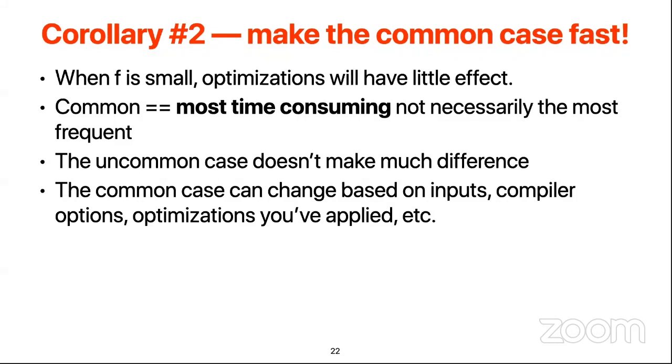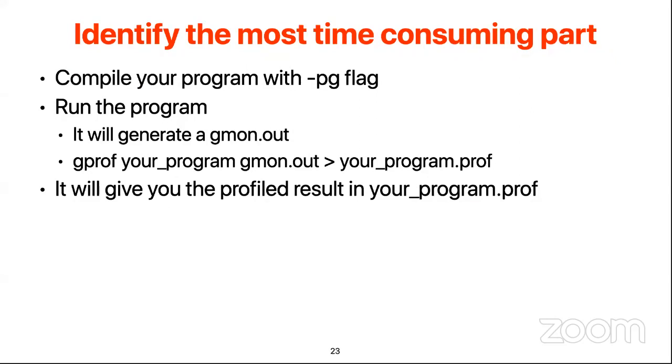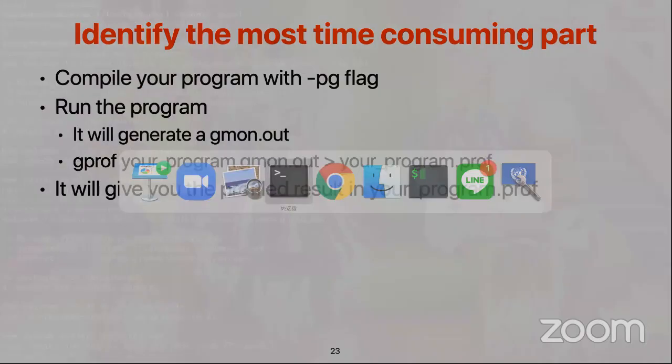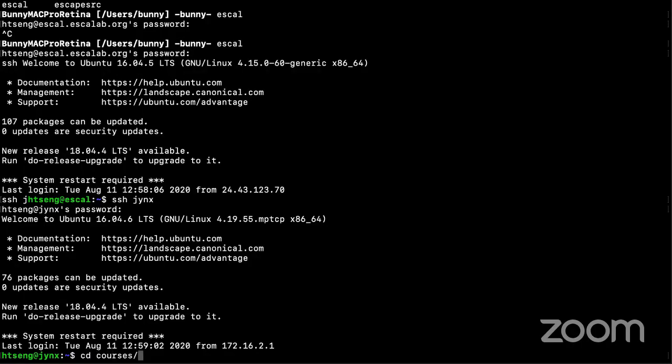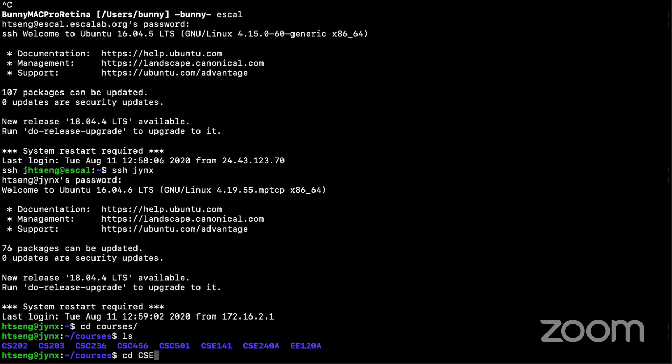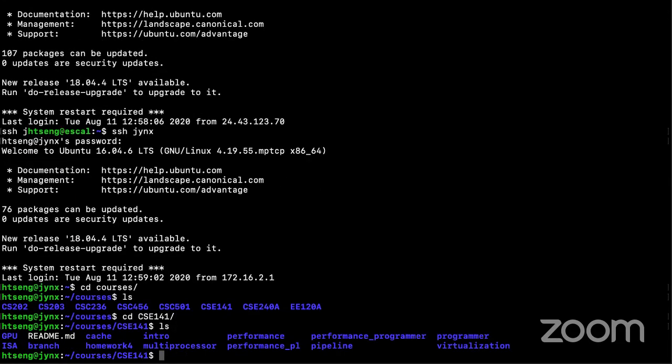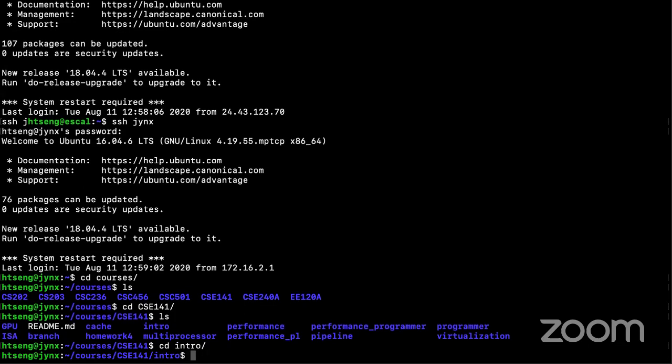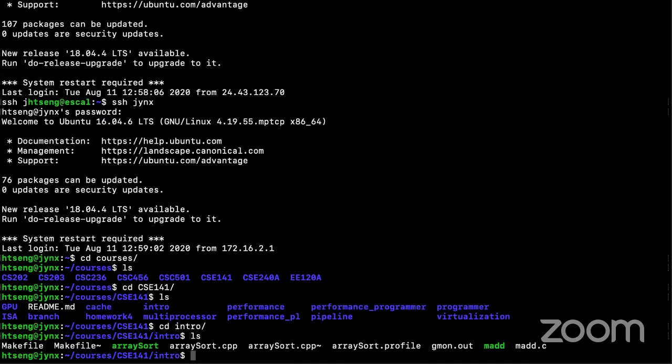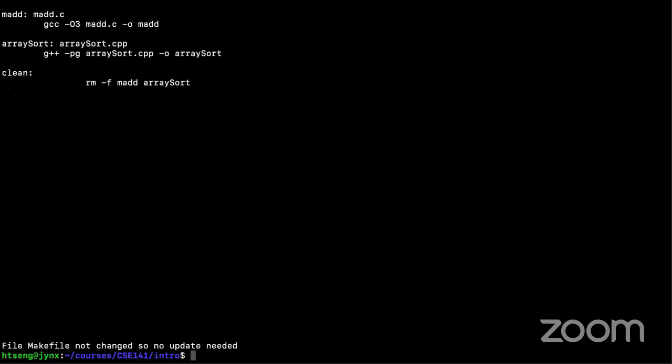So you might have a question: if I have no knowledge about what's going on in my program, then how can I identify the most time-consuming part? If you have ever used gprof, it's a tool that's associated with GCC. If you have a system that already has GCC, it's very likely you already have gprof.